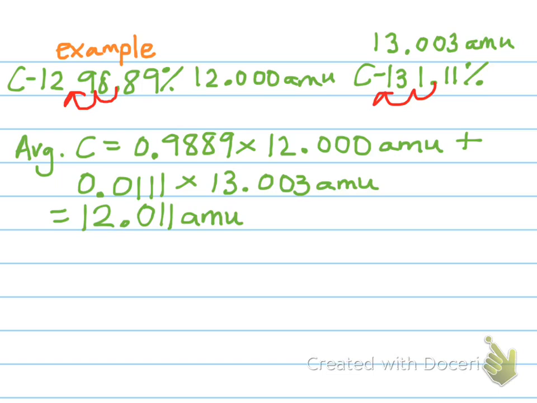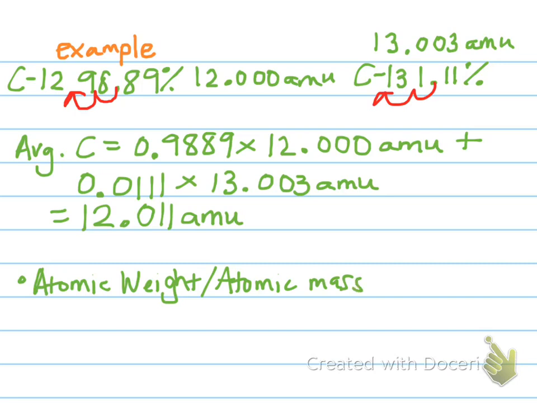So this is why these atomic weights or atomic masses are not whole numbers on the periodic table.